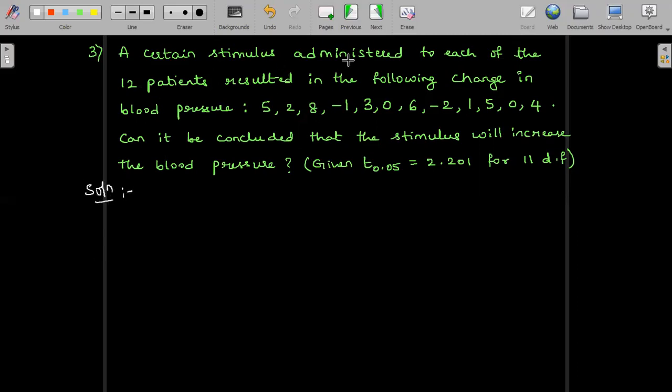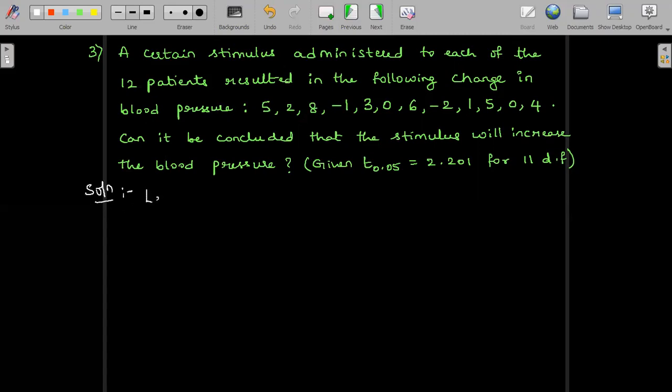So a certain stimulus administration to each of the 12 patients. So something is injected to the body which makes some reaction in the tissue or organ. So we are assuming that this is not increasing the blood pressure.